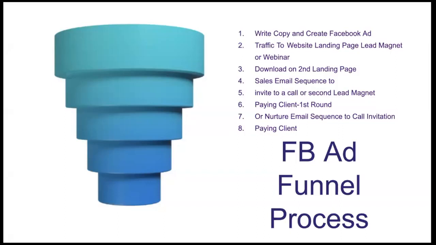You're going to drive your traffic to your website landing page, to a lead magnet or a webinar. This is usually a freebie. And then they download it on a second page. You have an email sequence that's going out to them because you've captured their email. And so they're getting to know you in that email. And then you can invite them to a call or a second lead magnet, depends.